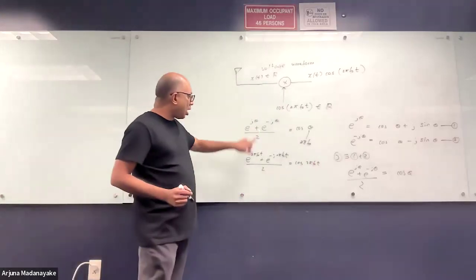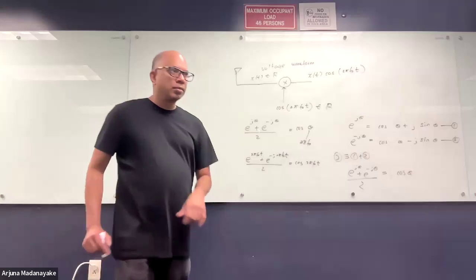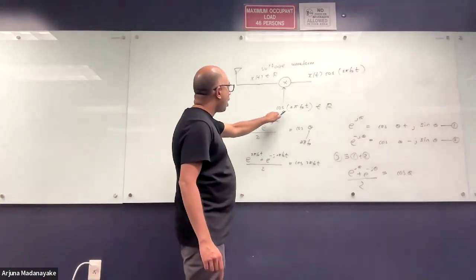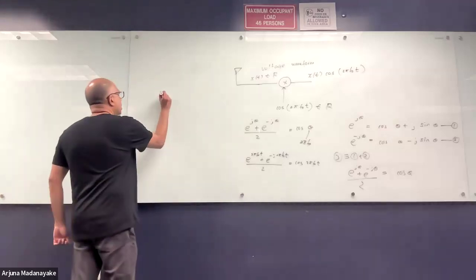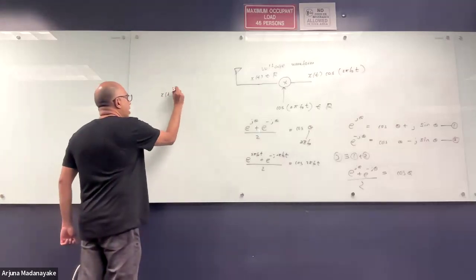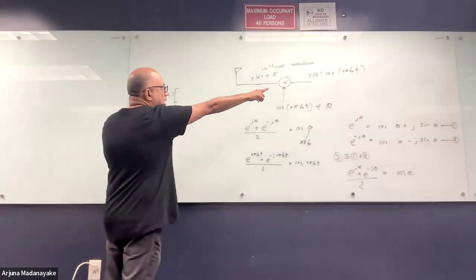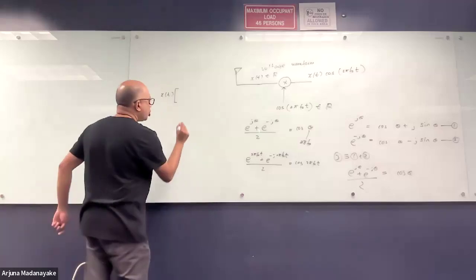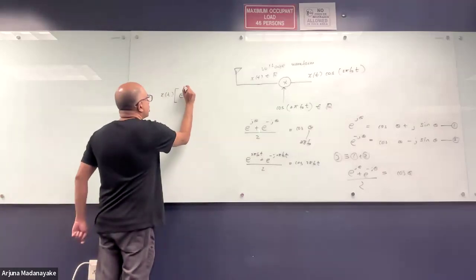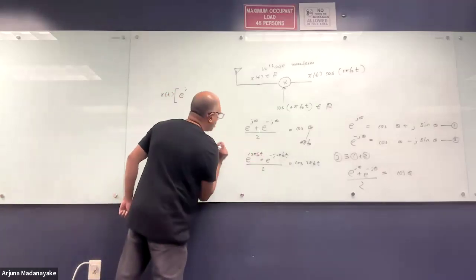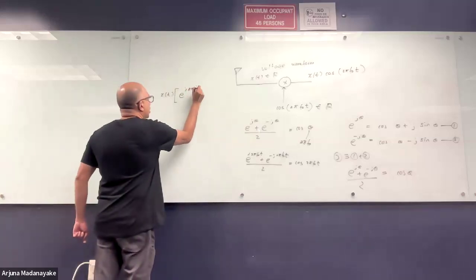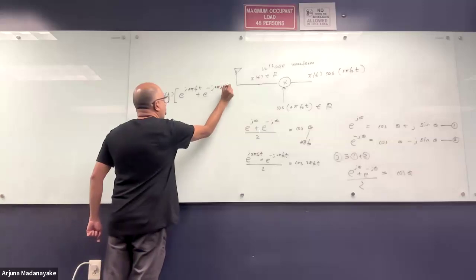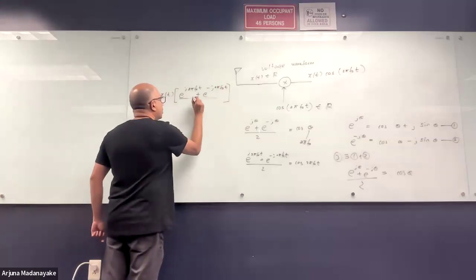I just replace theta with this. So now I can immediately plug in to this one, and I can write x of t times, I'm plugging in place of cos this whole thing, right? I'm going to get e to the j 2 pi f naught t plus e to the minus j 2 pi f naught t by half.